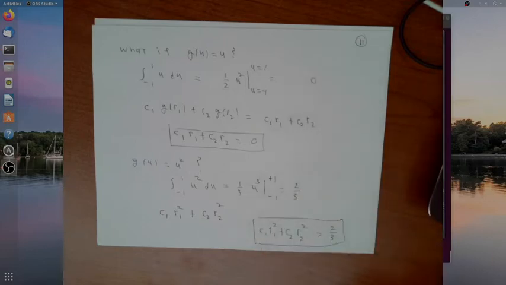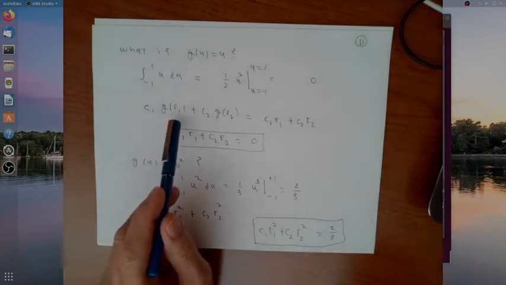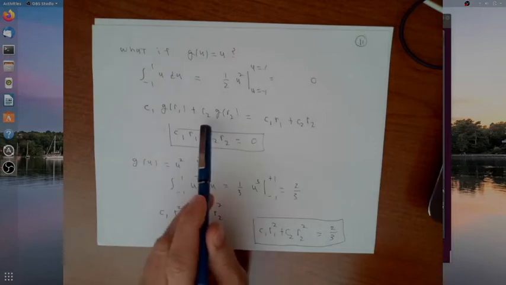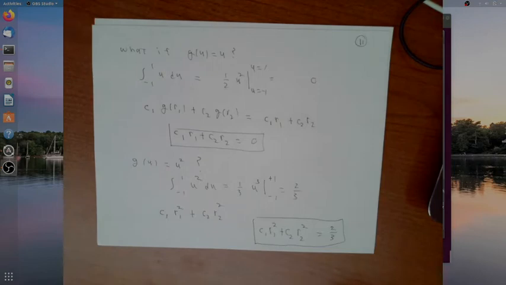On the other hand, I want that number, 0, to be the same as what I get when I do my approximation method, which is c1 times g evaluated at r1 plus c2 times g evaluated at r2. This time around, g is not the function that always hands you 1 back. g now does this: you put a number into it, and it hands you that number back for your output.